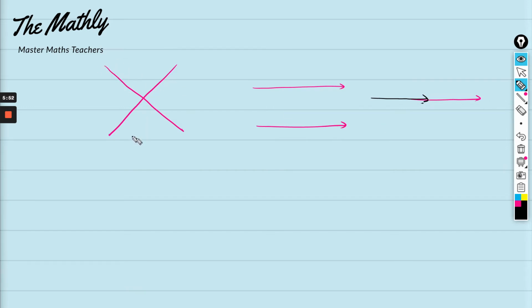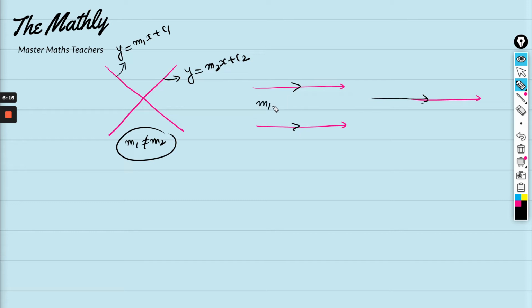When the lines are intersecting, do we agree the slopes are not equal? Let's suppose I write this equation as y equals m1x plus c1, and this line as y equals m2x plus c2. In intersecting lines, the slopes are never equal. In parallel lines, the slopes are always equal and the intercepts are never equal.